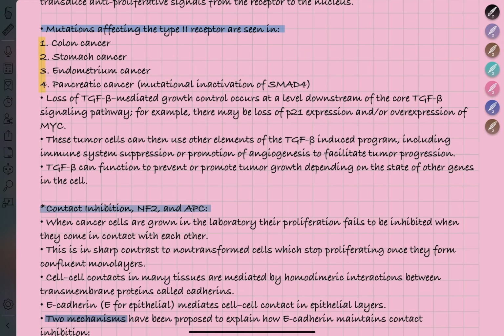These tumor cells can then use other elements of the transforming growth factor beta induced program, including immune system suppression or promotion of angiogenesis to facilitate tumor progression. Okay, look at the tumor now. It's going to start using the natural elements of a transforming growth factor. We took transforming growth factor of course in the inflammation lectures and pathology as well.